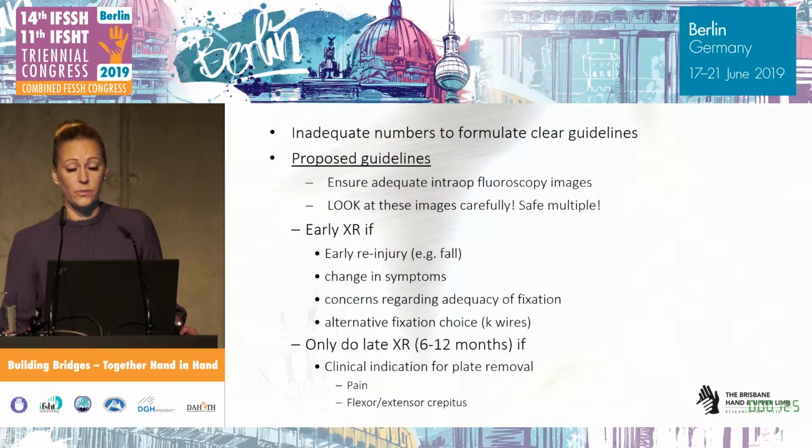Our numbers are inadequate to formulate clear guidelines. However, we would propose those guidelines. Ensure that you have adequate intraoperative fluoroscopy. Look at these images very carefully and save multiple planes, not just 2 maybe.